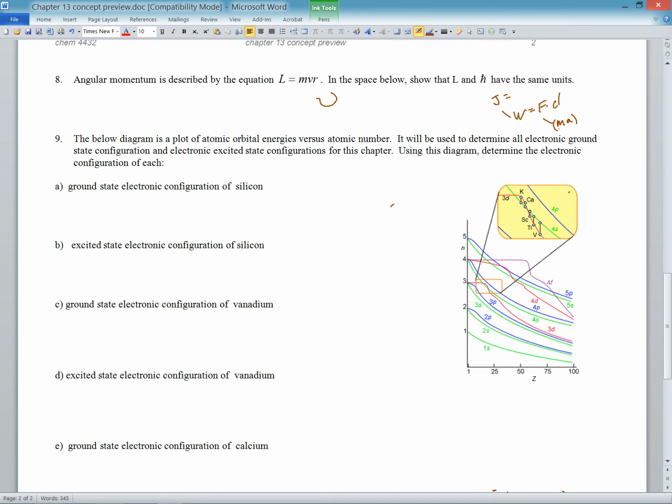So then, did you get it? You didn't get it to work? For the L, the angular momentum, if you cross out the meters, because they both cancel out, I'm stuck at kilograms per second. We should end up with the same units on both sides. Well, I thought you multiply the meters.